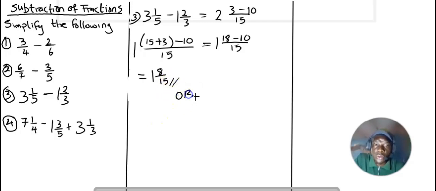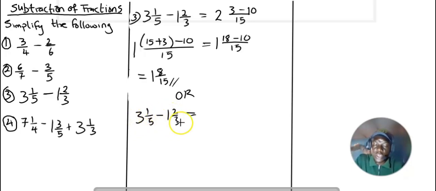Or the second method is this. You have 3 whole number 1 over 5 minus 1 whole number 2 over 3. You convert this mixed number, because what we have here are mixed numbers. We convert these mixed numbers to improper fractions.